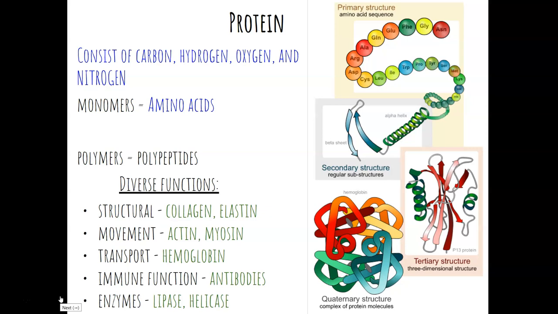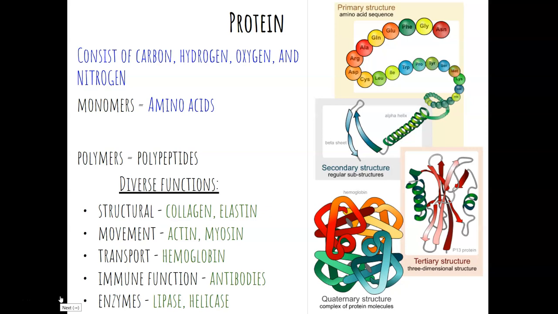I'd like to remind you that a protein is made up out of amino acid monomers. In the picture on your right-hand side, you'll notice that the primary sequence of a protein is the sequence of amino acids. This sequence determines the sorts of folds and bends that result in secondary, tertiary, and quaternary structure.